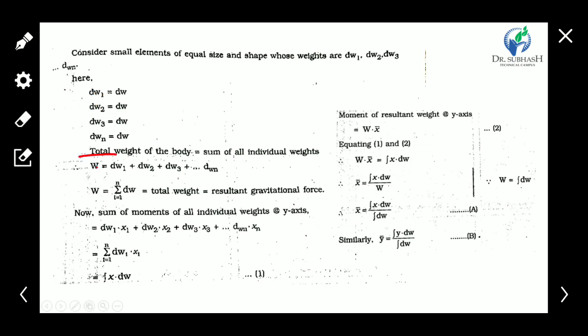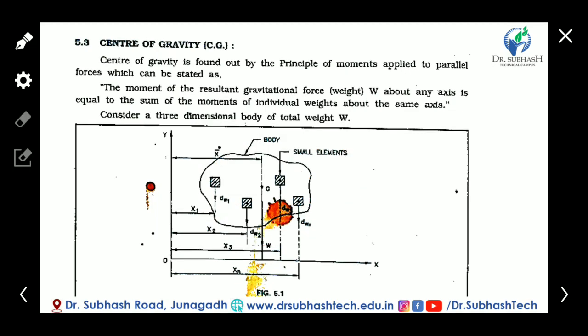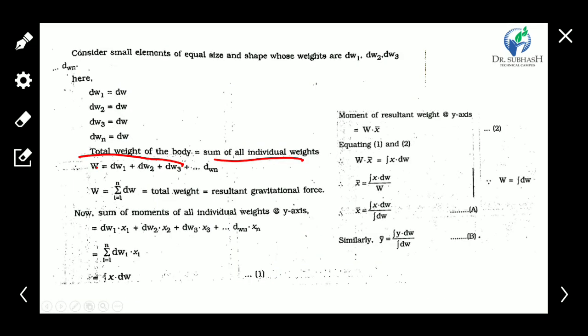So the total weight of the body is equal to the sum of the individual small weights. Written in short, W is equal to the summation from 1 to n of dW.